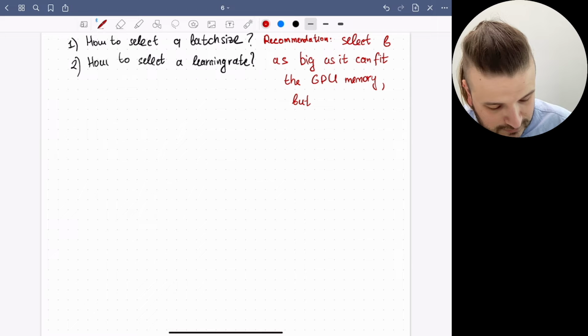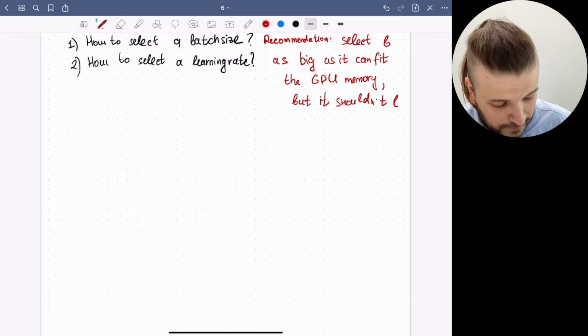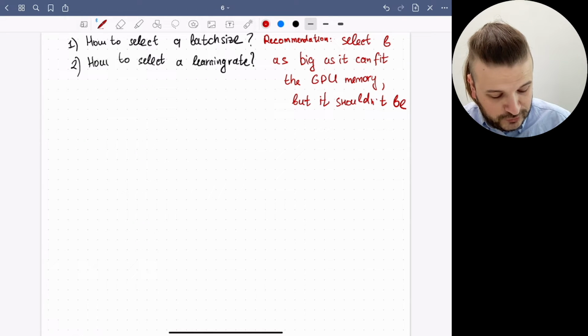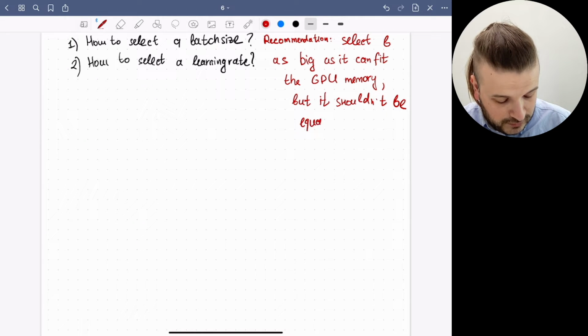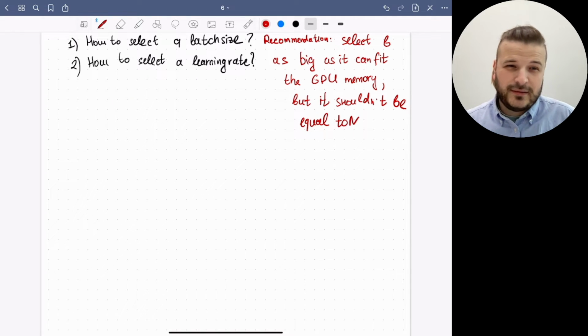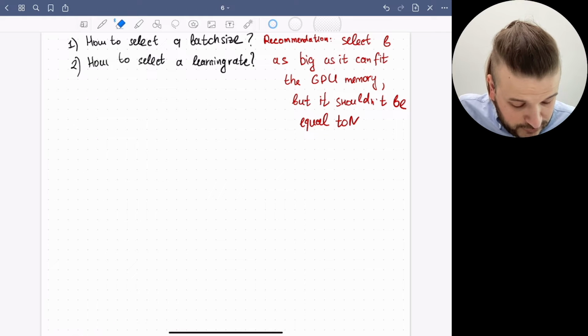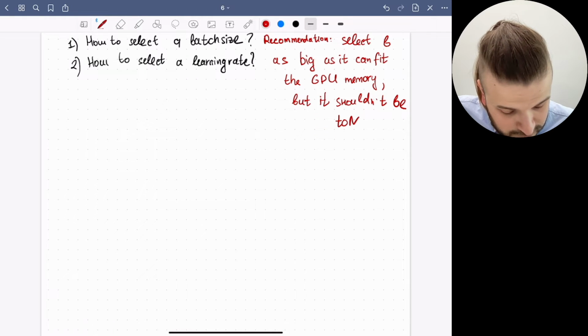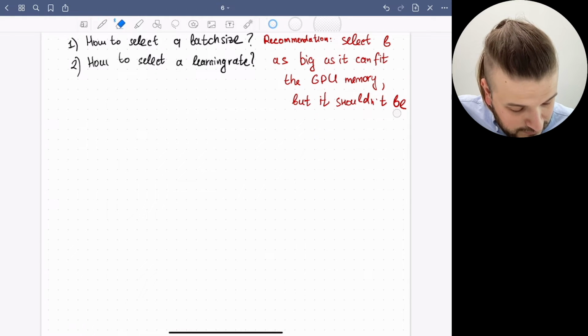but it shouldn't be equal to n. I mean, it's better to write that it shouldn't be close to or approximately n.